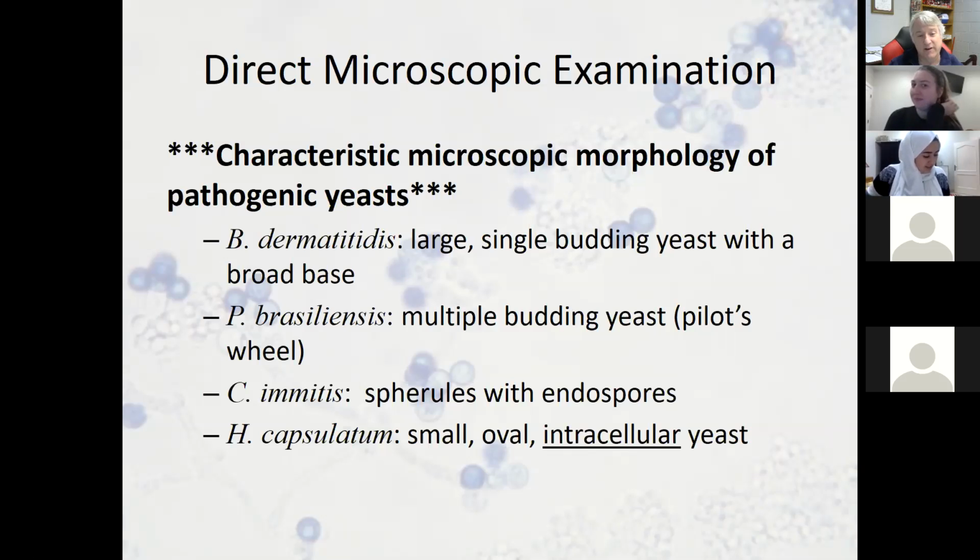We have that one on our list. Then we got C. immitis, and that is spherules full of endospores. And what does the C stand for? It's not para, so what would it be? Somebody other than Allison and Sharuk.